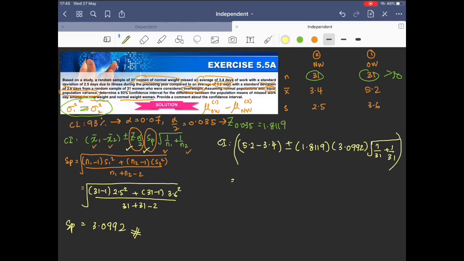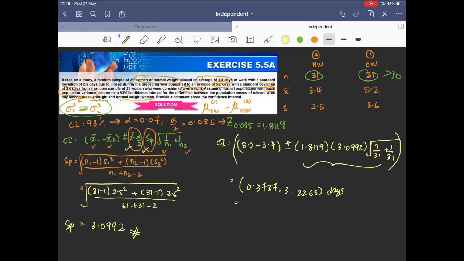Okay, press your calculator correctly. Make sure you do this one first. You will get your lower boundary 0.3737 and the upper boundary 3.2263 days. So we have to change this: 0.3737 means 1 day, 3.2263 means 4.